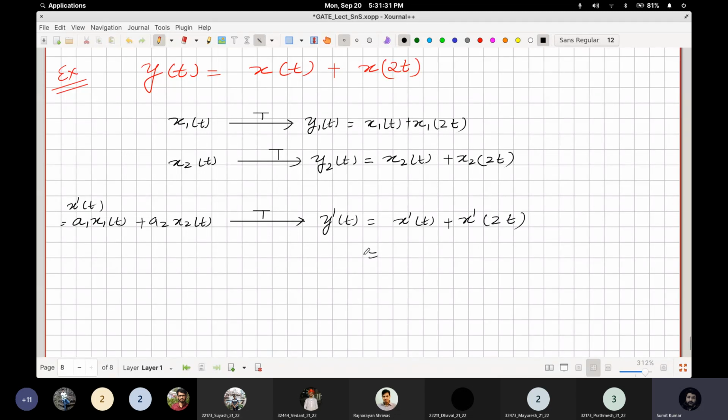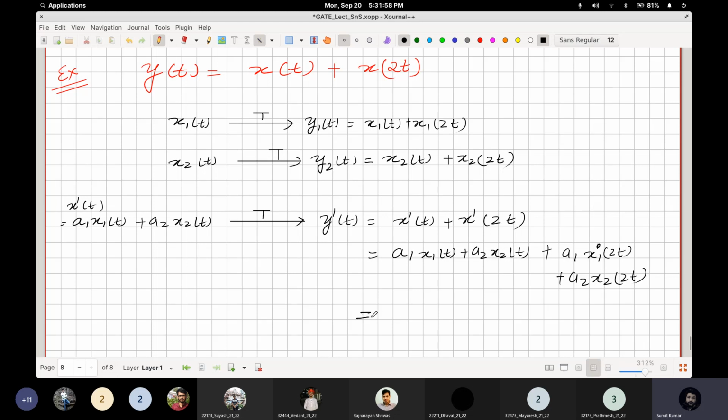And what is x'(t)? It is a1 x1(t) plus a2 x2(t). So let me write this: a1 x1(t) plus a2 x2(t), plus x'(2t). This means a1 x1(2t) plus a2 x2(2t).